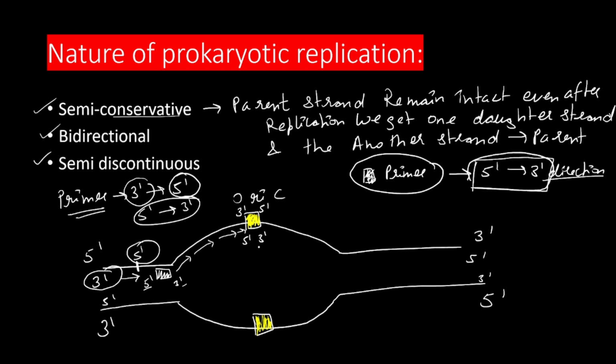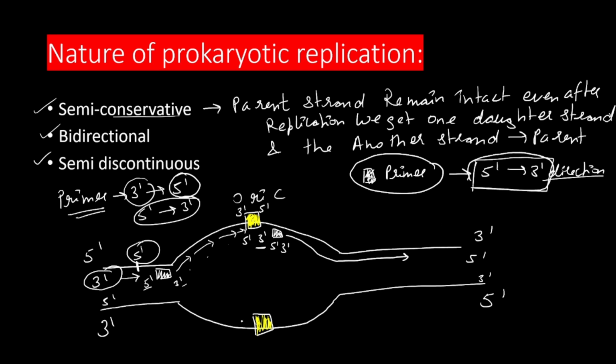And now this is a 3 prime. So now the primer would attach here and this must be 5 prime to 3 prime. And now the process will go on of replication till here. So we get 2 strands. One is lagging strand, which is lagging in each step, and one is continuous strand, which is continuously synthesizing the DNA.